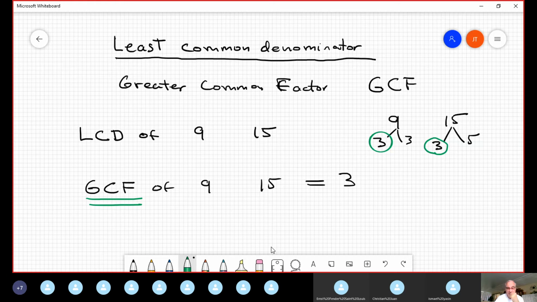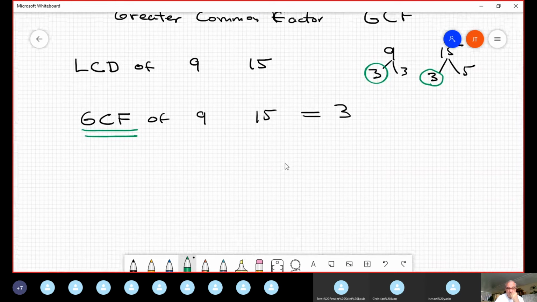I'll try to explain in detail. Least common denominator is a synonym for least common multiple. Multiple indicates multiplication. Let me illustrate, in my opinion very well, the idea behind this concept. 9 and 15.